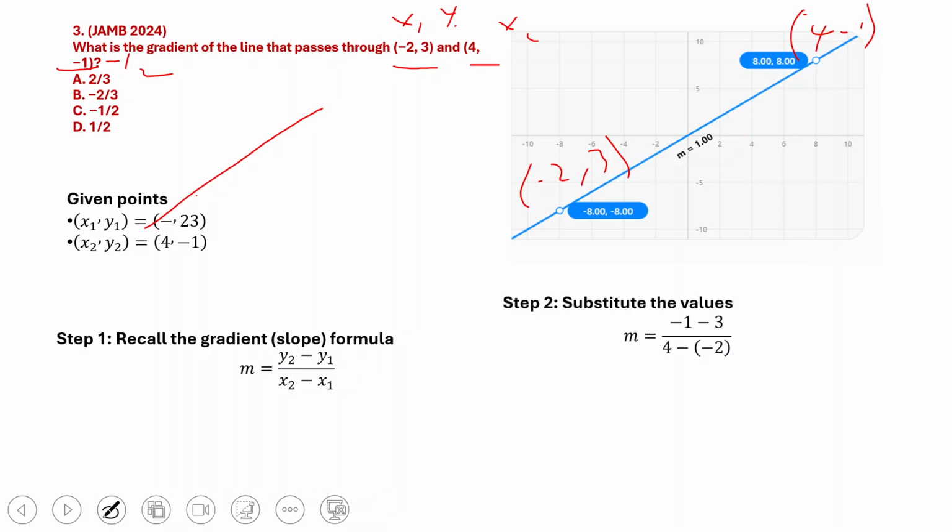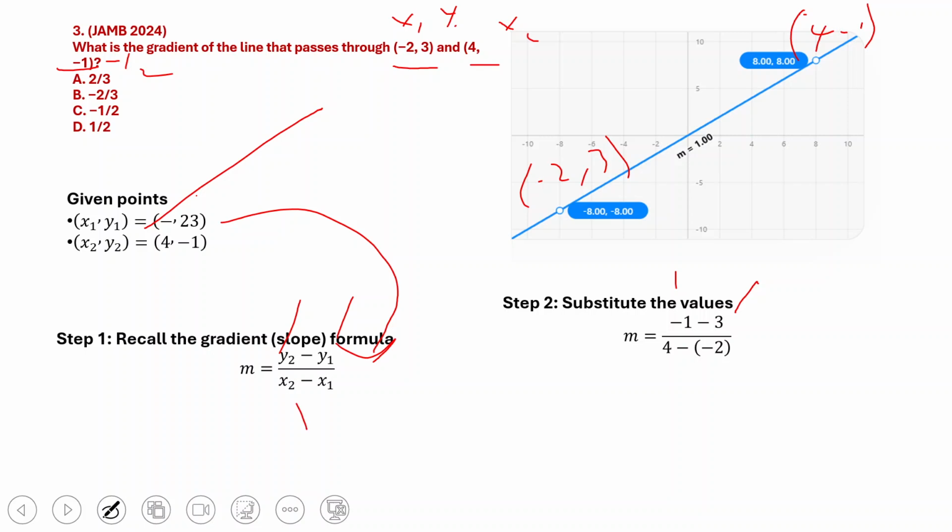So if we substitute the values that we have here in this equation, you see that where I have y2, I put -1, minus. Where I have y1, I put 3, because there's a minus in the formula.